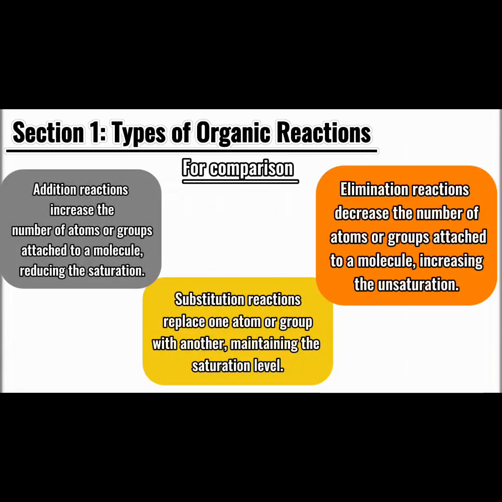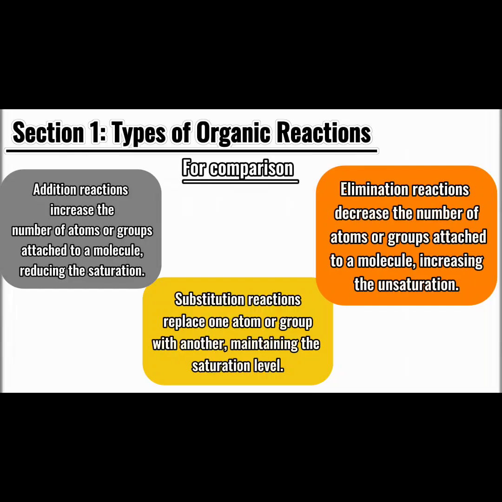To better summarize these concepts, let's look at how each reaction fundamentally changes the starting molecule in terms of the number of groups attached to it and its level of saturation. Addition versus elimination. Starting with addition reactions on the left, they increase the number of atoms or groups attached to a molecule, reducing the unsaturation.